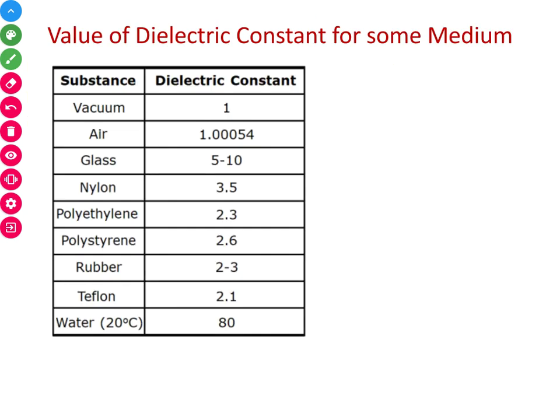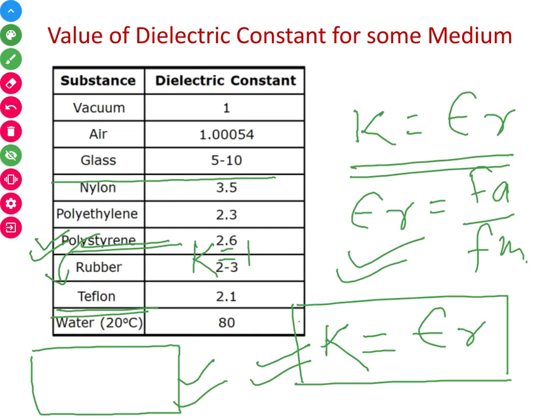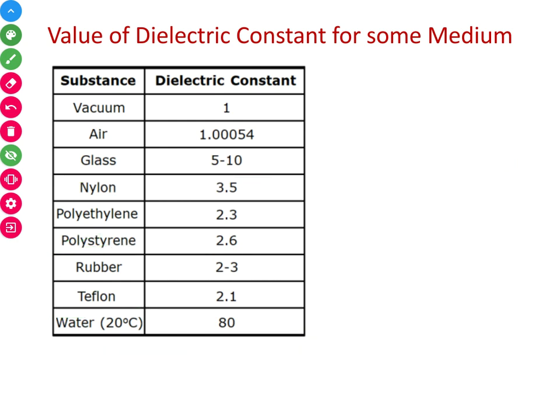Now you can see here the value of dielectric constant for some media. The more the value of dielectric constant, the lesser is the force. Here you can see in water the value of dielectric constant is 80, and for vacuum and air it is almost the same, that is 1.